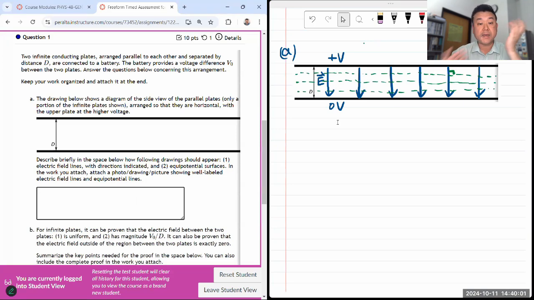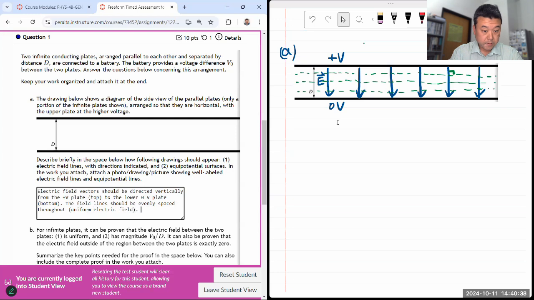like you are describing this to a blind classmate. So electric field vectors should be directed vertically from the plus V plate at top to the lower 0 volt plate at bottom. The field lines should be evenly spaced throughout, uniform electric field.